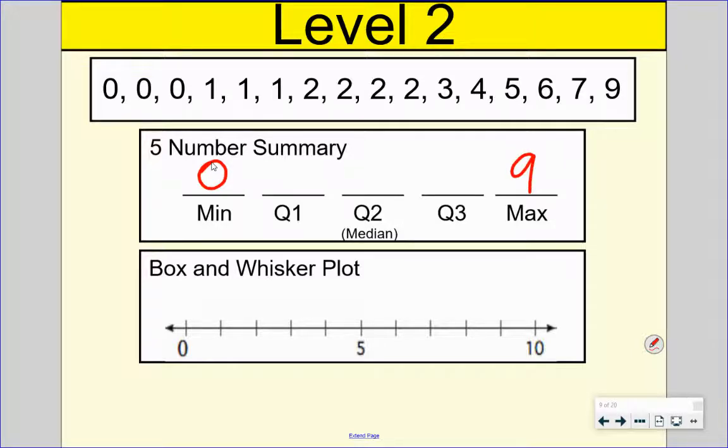So now what we need to do is, how do we figure out this middle number, this median? Okay, there's a couple different ways that I have students like to do this. And one way, we'll start on this, and the next example we'll do the other way.